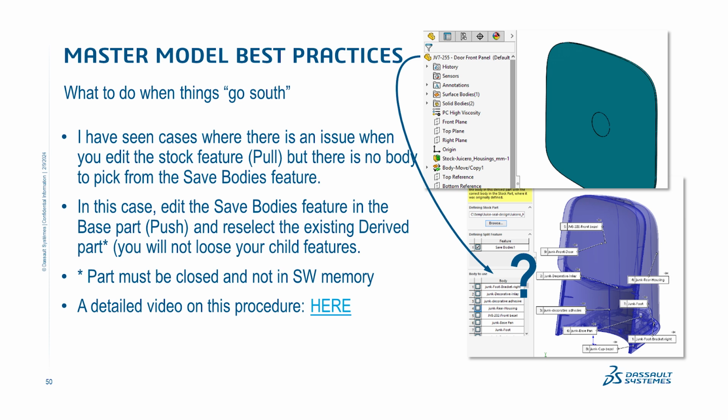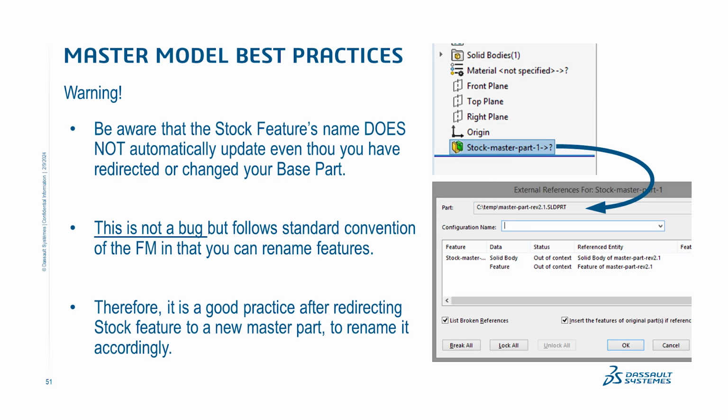It's really by design intent, because as you know, every name in the feature manager of a part can be renamed by the user. I think it should be updated, though. For instance, if you go to a different stock part, it should reflect that name, but it doesn't.